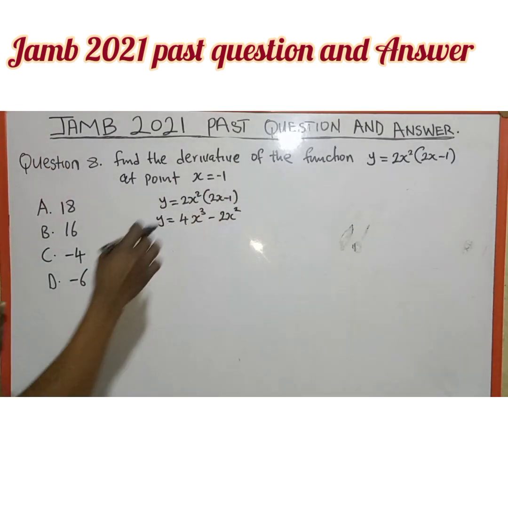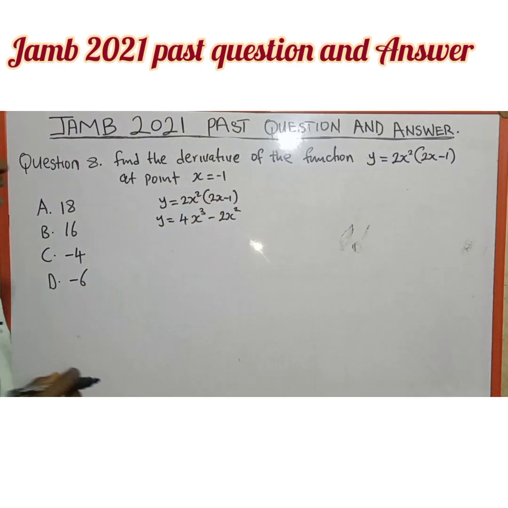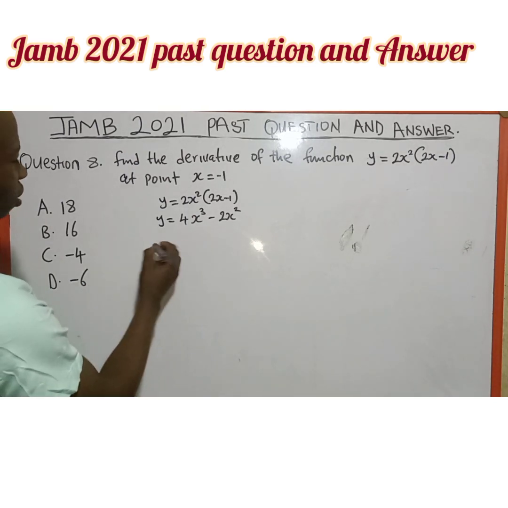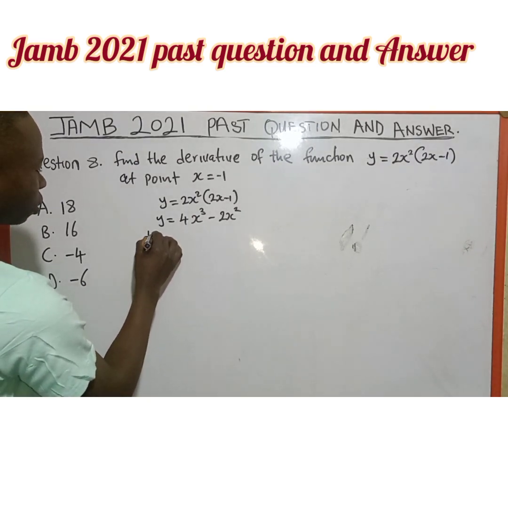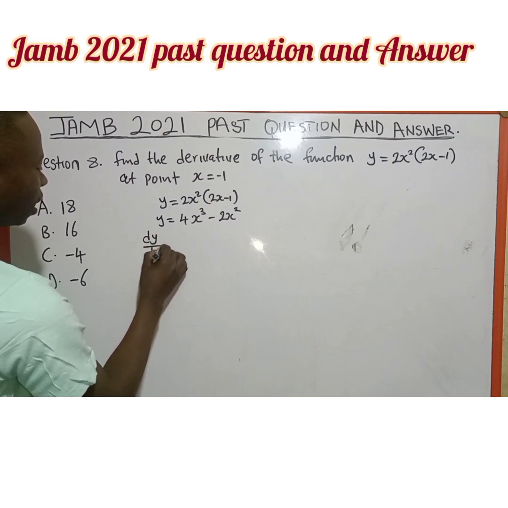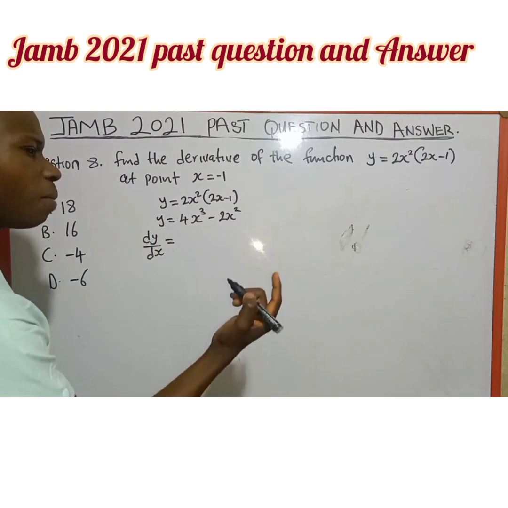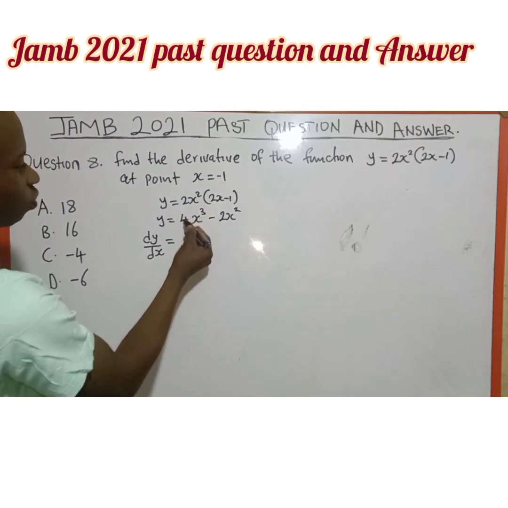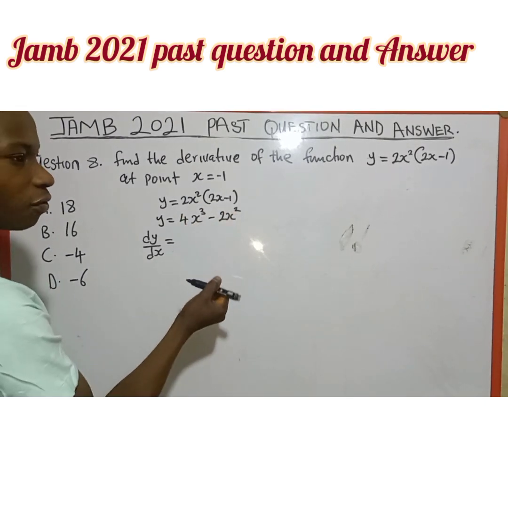So we have successfully opened the bracket. The next thing we are going to do is differentiate this function with respect to s. So we have dy over ds equal to, remember your power rule in derivatives. We are going to use this 3 to multiply by 4, then we take away 1 from the 3.